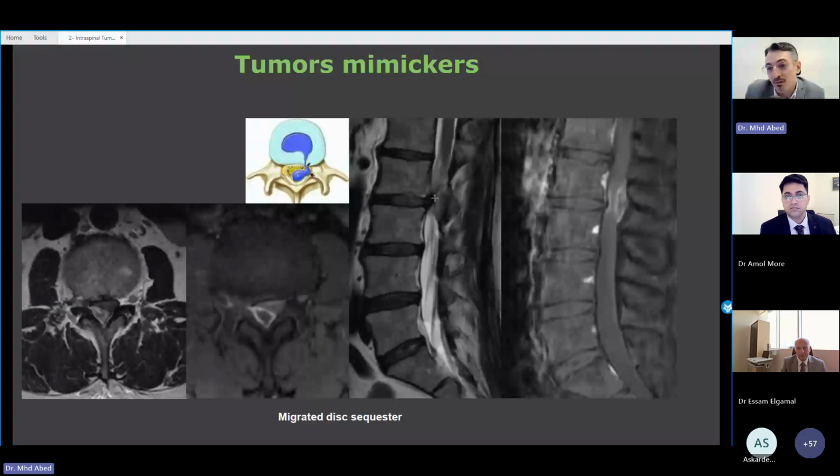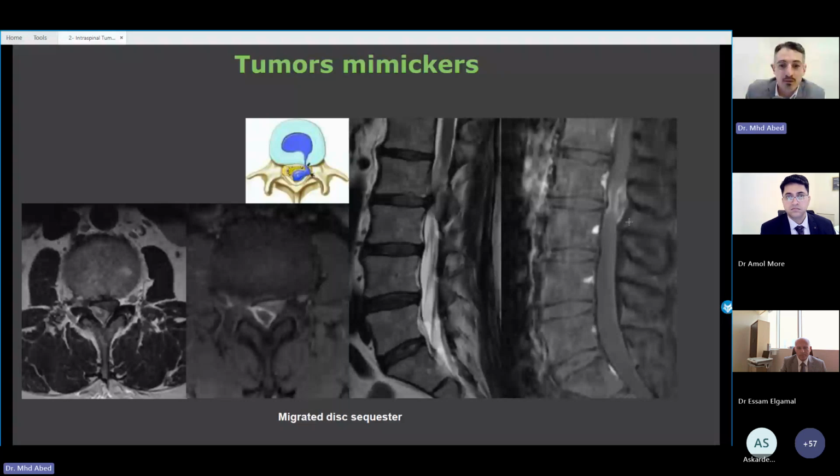And if you see post-contrast, the lesion will show contrast enhancement, but more important, the disc itself. You see here there is very thin enhancement along the disc itself, showing that we have some reaction here after a history of extrusion or protrusion, which helps us to say that we are dealing with sequestration.